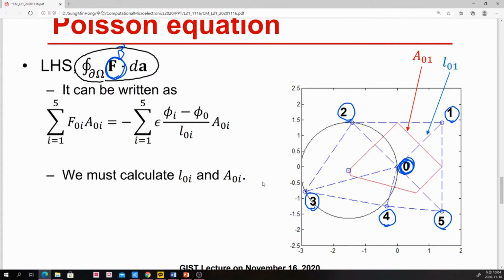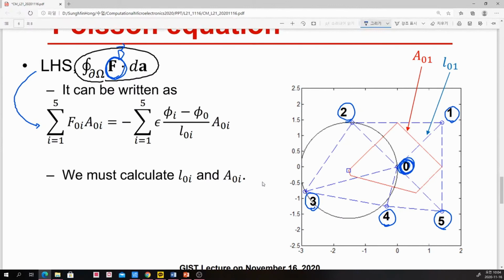So explicitly, it can be written in this form. This integration can now be decomposed into 5 sides of our Voronoi cell: the first side, second, third, fourth, and fifth.